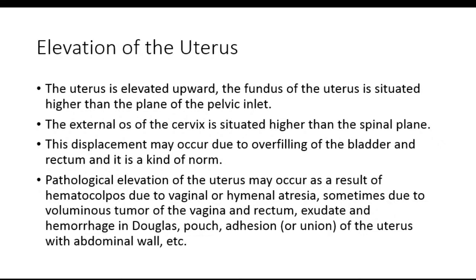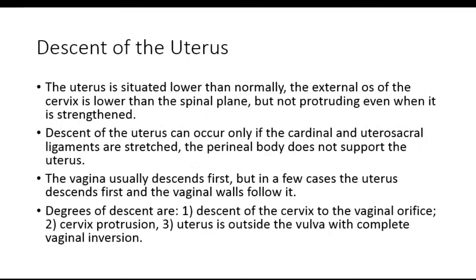Also because of adhesions joined together with other structures, like after surgery, for example after the C-section, sometimes adhesions are formed and the uterus is elevated above the pelvic ring and adjacent to the abdominal wall.